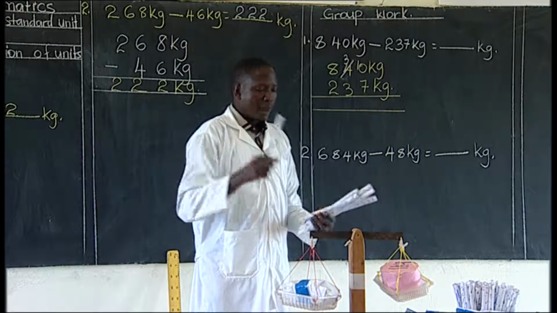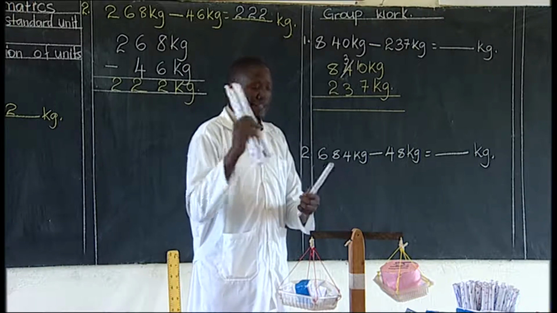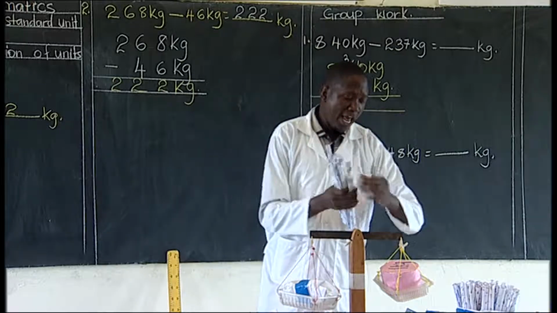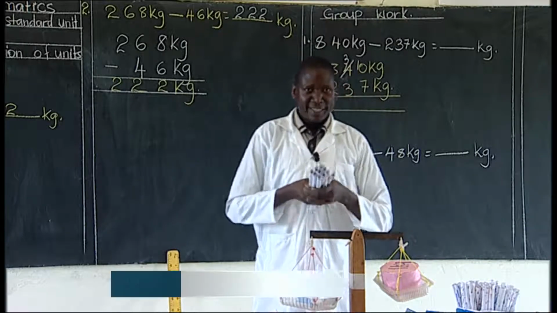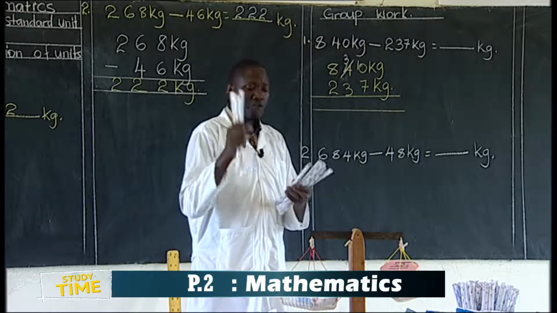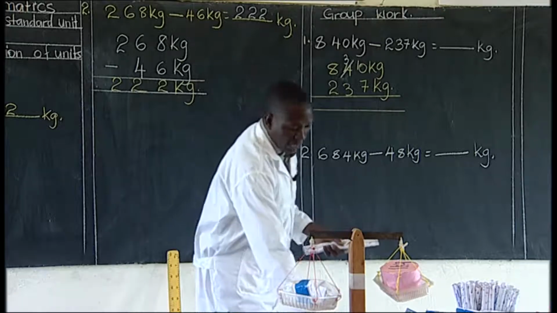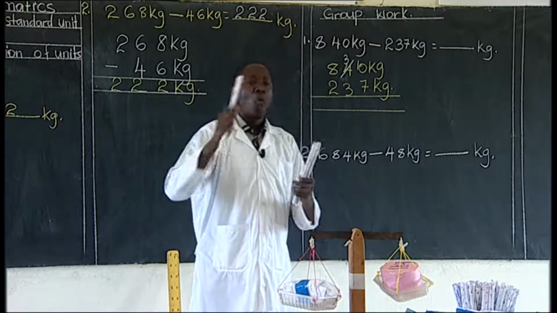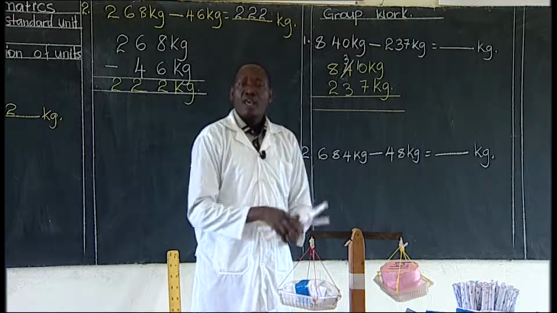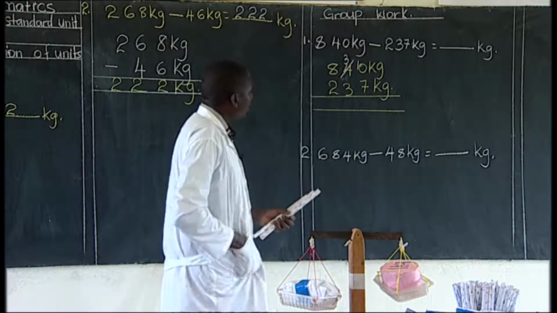But count. 1, 2, 3, 4, 5, 6, 7, 8, 9, 10. This is 10. Take away 7. 1, 2, 3, 4, 5, 6, 7. Can we count the balance here? 1, 2, 3. What is our answer? Our answer will be 3.